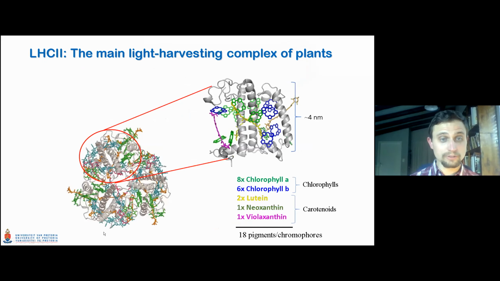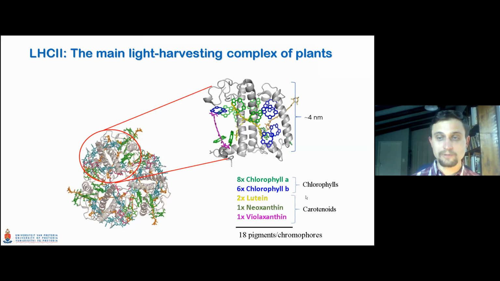So this system consists of 3 identical subunits. Each subunit is a protein. This gray part is a ribbon, which was introduced in the first lecture. You can see the 3 alpha helices that span the full membrane. And one protein here binds 18 pigments or chromophores.